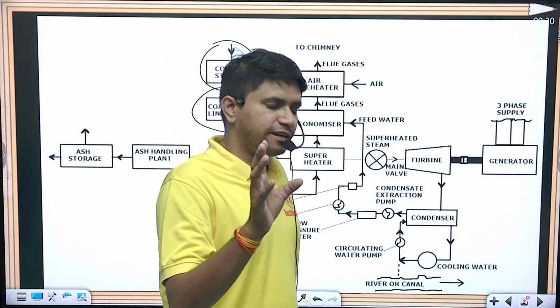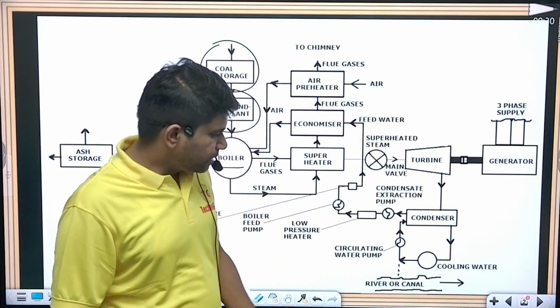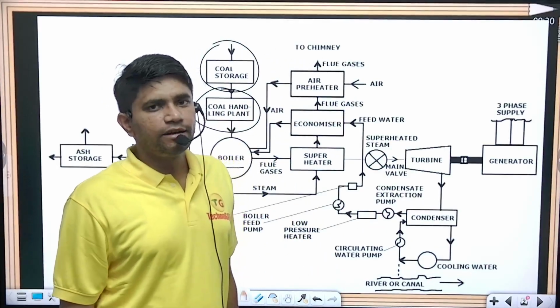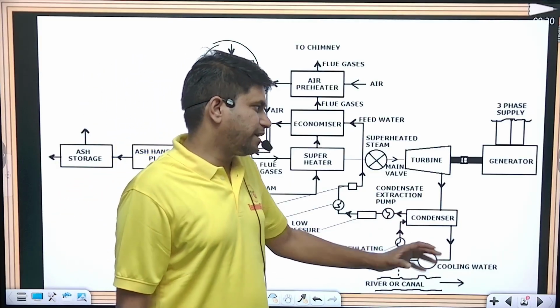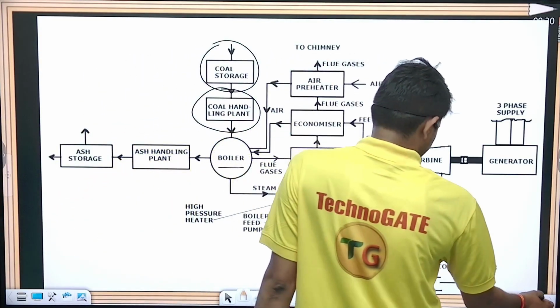Please tell me this point is clear. This is your condenser. It is done by using cooling water. So if the cooling system fails, the entire generator fails. Okay, you know this point very well. Please write it down: condenser.